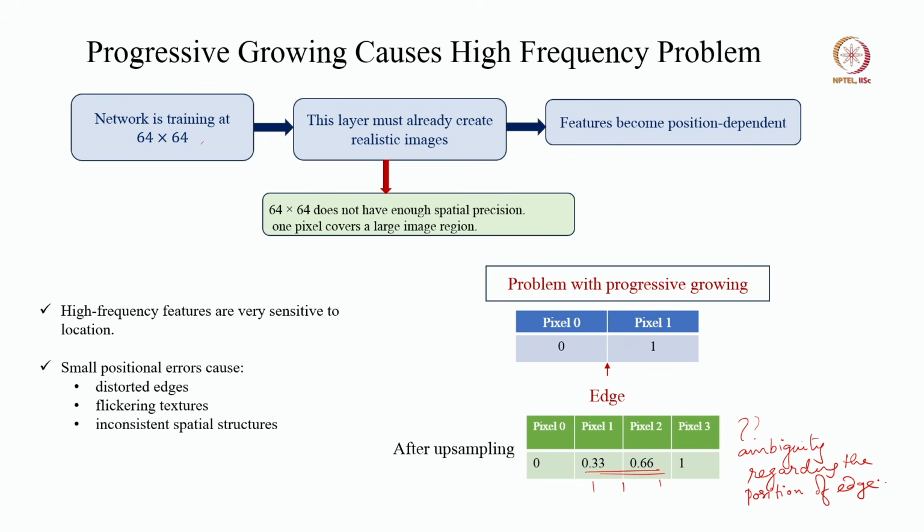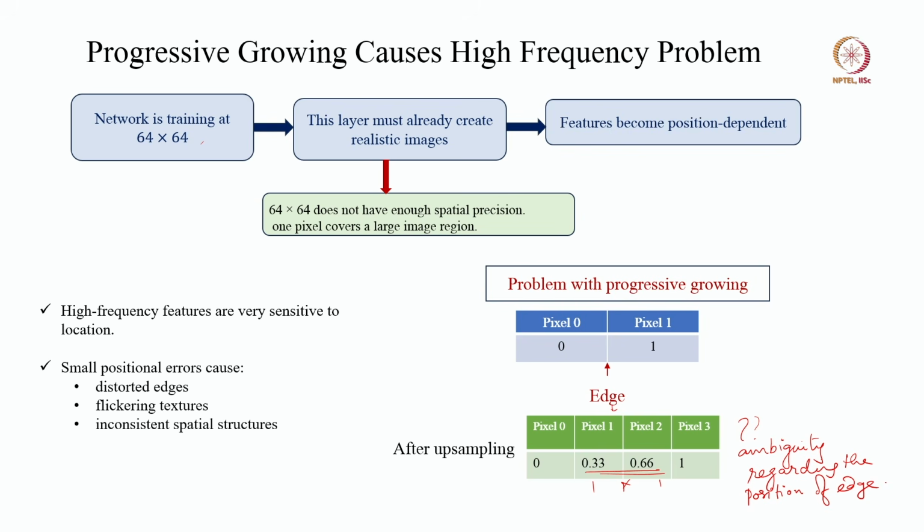Think of the situation: here itself there is an ambiguity, and it may not exactly match with the edge here. So, it may shift. If there are multiple layers of upsampling, these misalignments keep on accumulating, and at the end of 1024 cross 1024 resolution, what you get may have quite a bit of shift of alignment with your actual image.